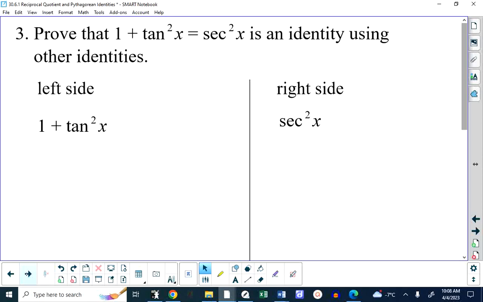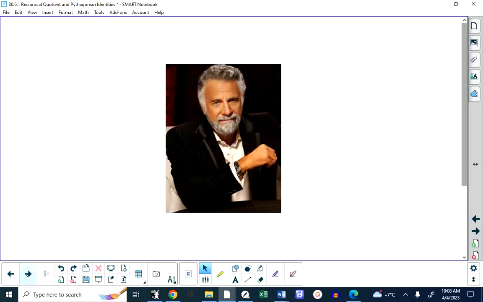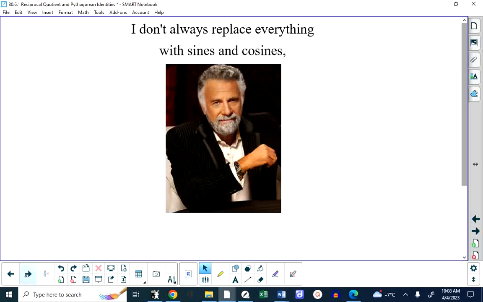The very first thing that you're given as a suggestion is to rewrite everything with sines and cosines. And that's why on the front of your formula sheet I have this meme. I don't always replace everything with sines and cosines, but when I do, it almost always works. It almost always helps. That's why it's the number one thing you want to try all of the time.